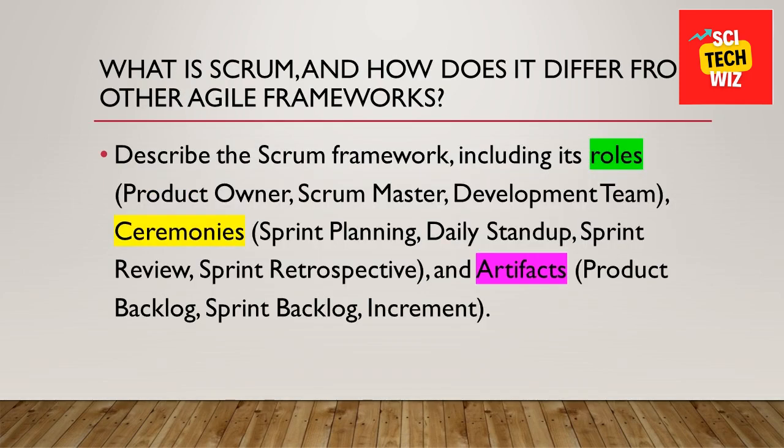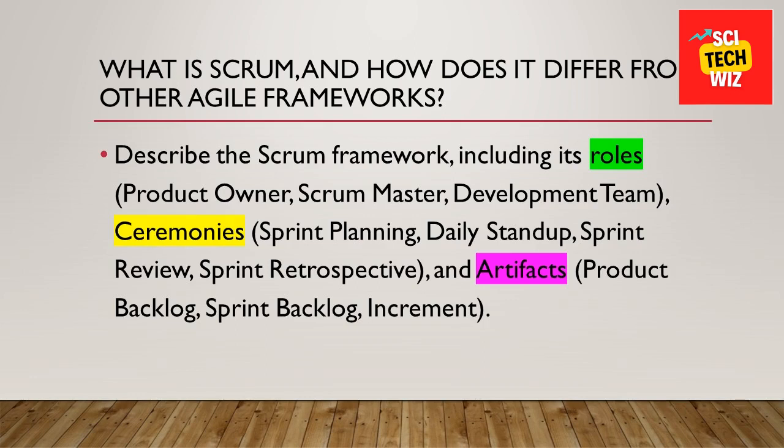Number 2. What is Scrum and how does it differ from other Agile frameworks? This is a common question in interviews. First, describe the Scrum framework. It includes roles, ceremonies, and artifacts. Scrum roles include product owner, Scrum Master, and development team. In the ceremonies, you have the sprint planning meeting, daily stand-up meeting, sprint review meeting, and sprint retrospective meeting.